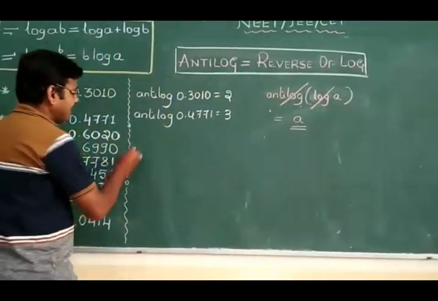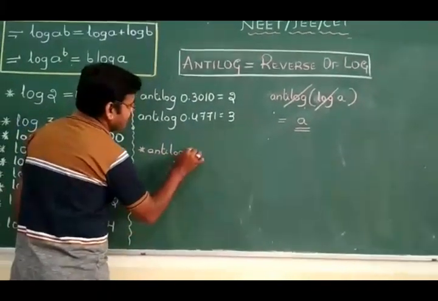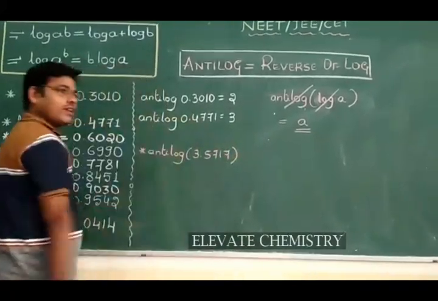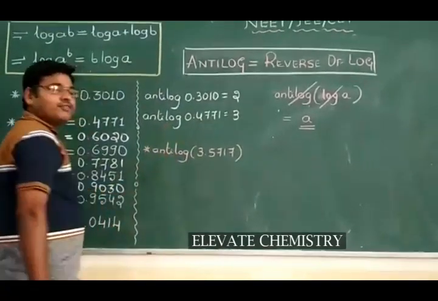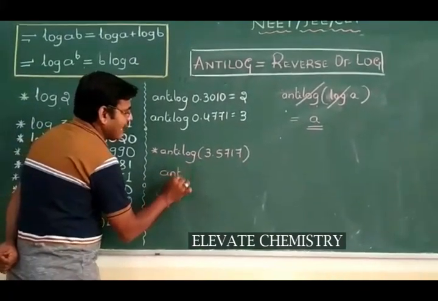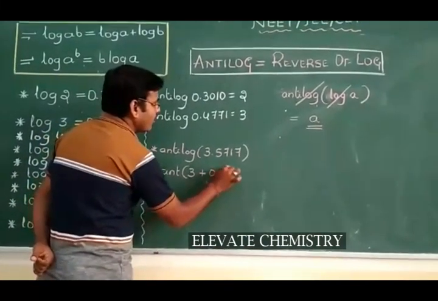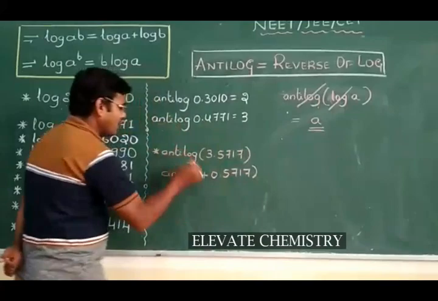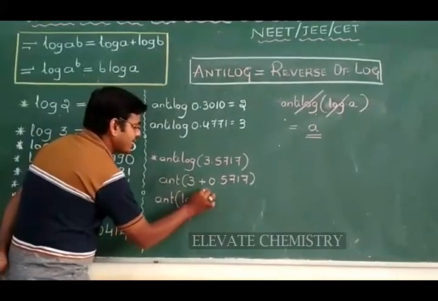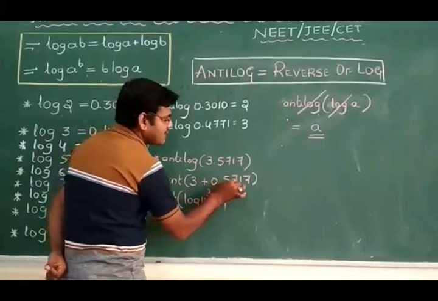Now let us take an example. The first example is anti-log of 3.5717. Let us split this number: anti-log of 3 plus 0.5717. Write this as anti-log of log 10 to the power of plus 3, plus 0.5717.